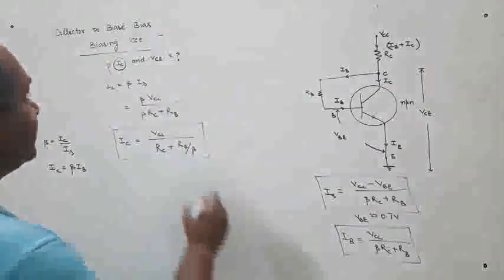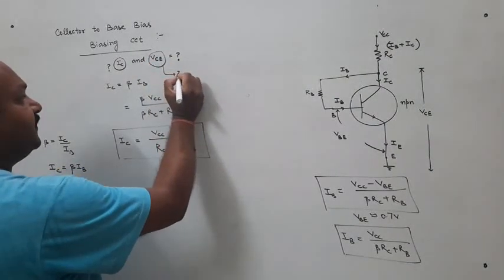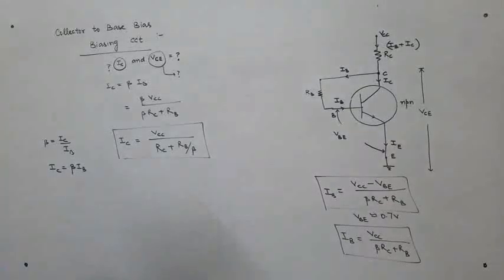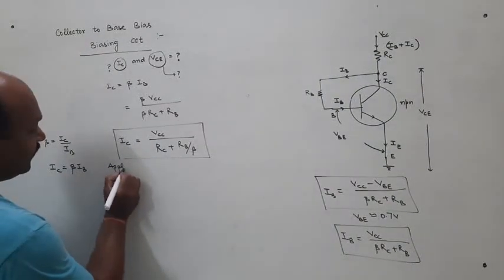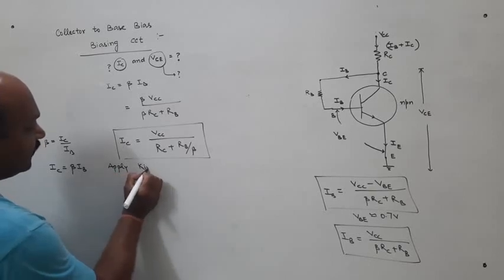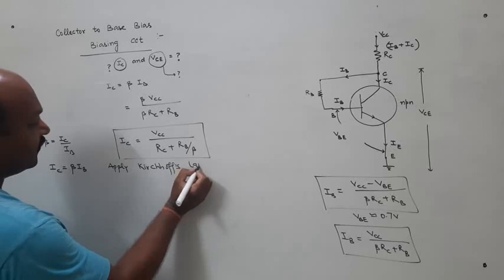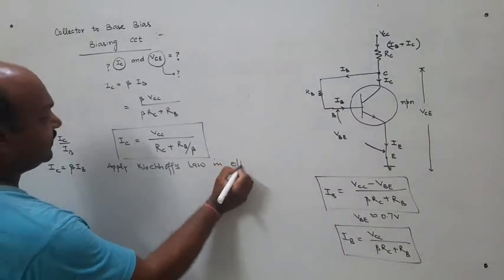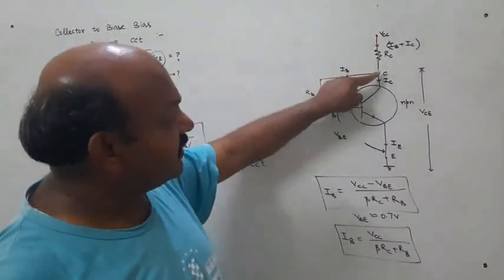So now our second aim is we will calculate VCE, and for this we will apply Kirchhoff's law in the output circuit. Look here, this one.